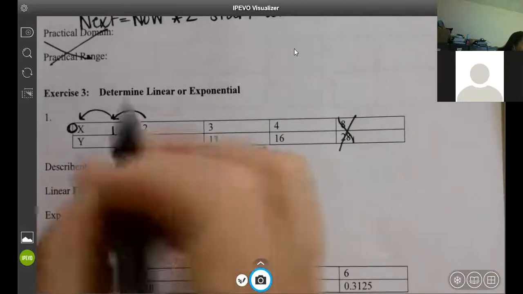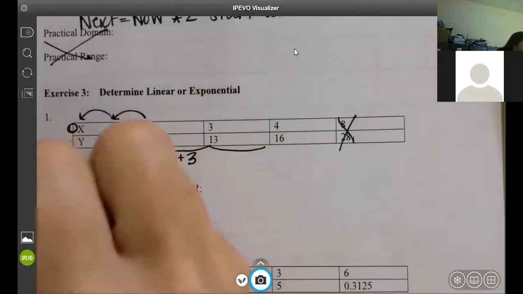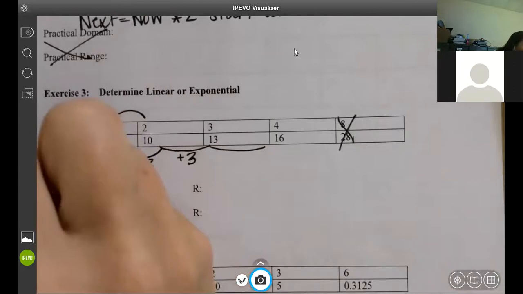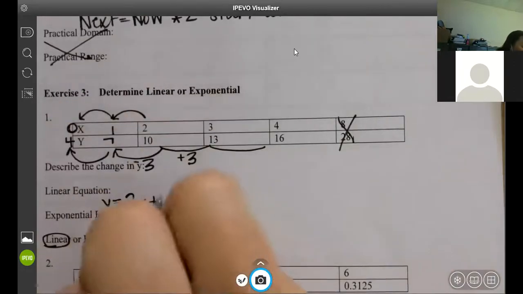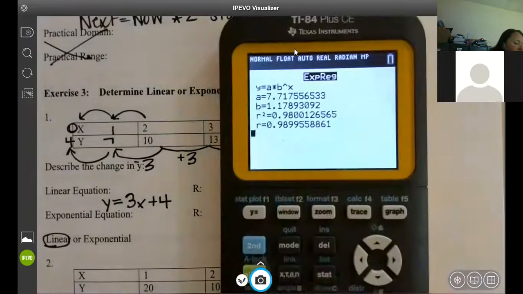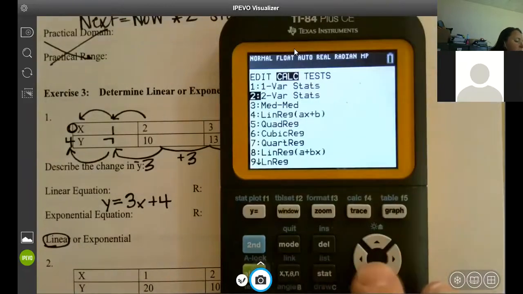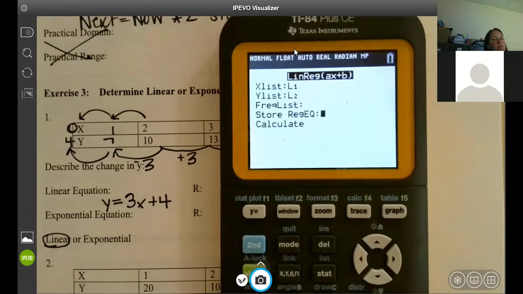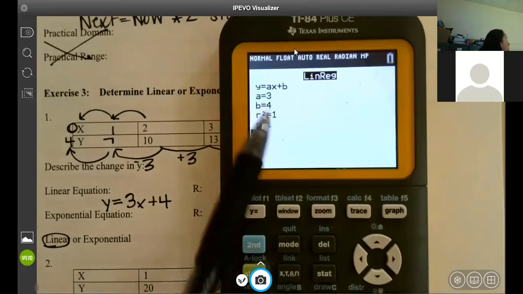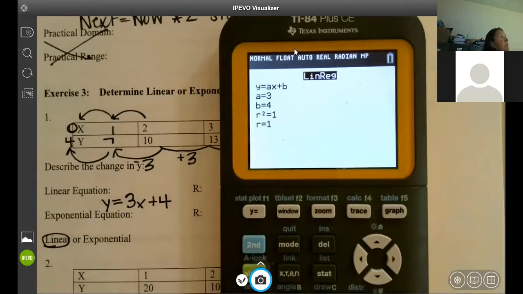So what's 10 minus 3? 7. And then 7 minus 3 is 4. Okay, let me show you this one more time. Stat, calc, linear regression. What two numbers does it give us? 3 and 4. So there's your equation. You don't even have to do it by hand. You can, but you don't have to.